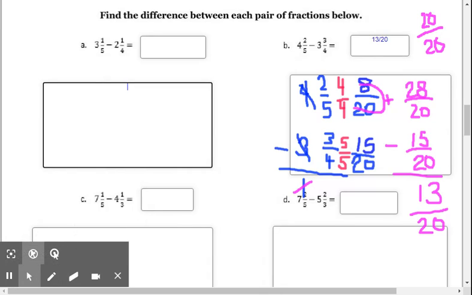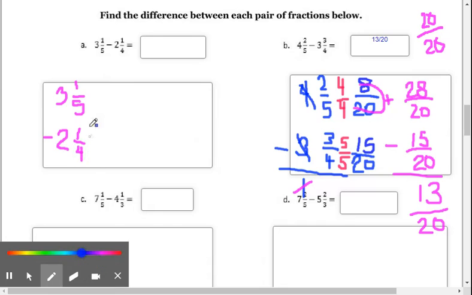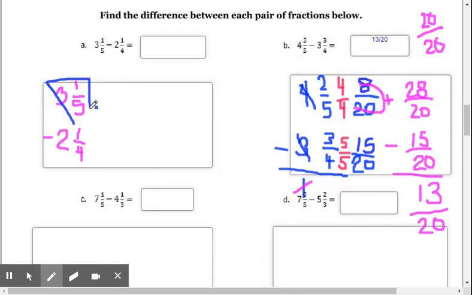This is the triangle method. All right. 3 1/5 minus 2 1/4. Triangle. We got 5, 3, 1.